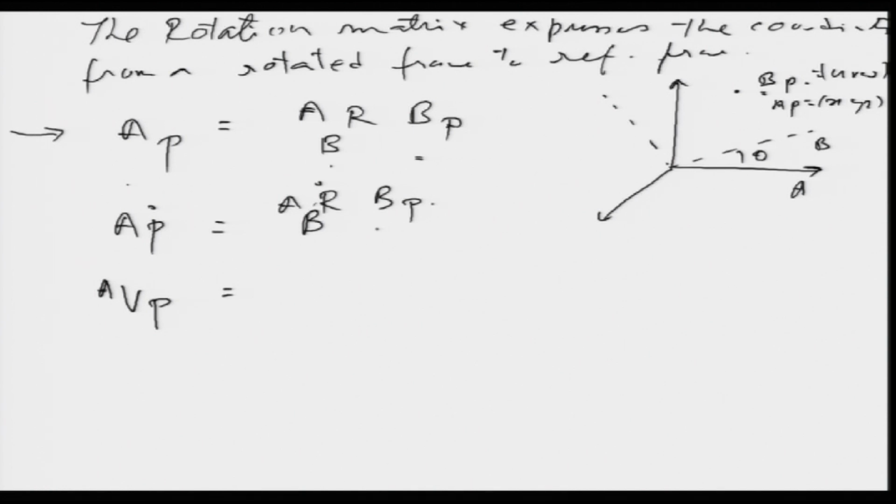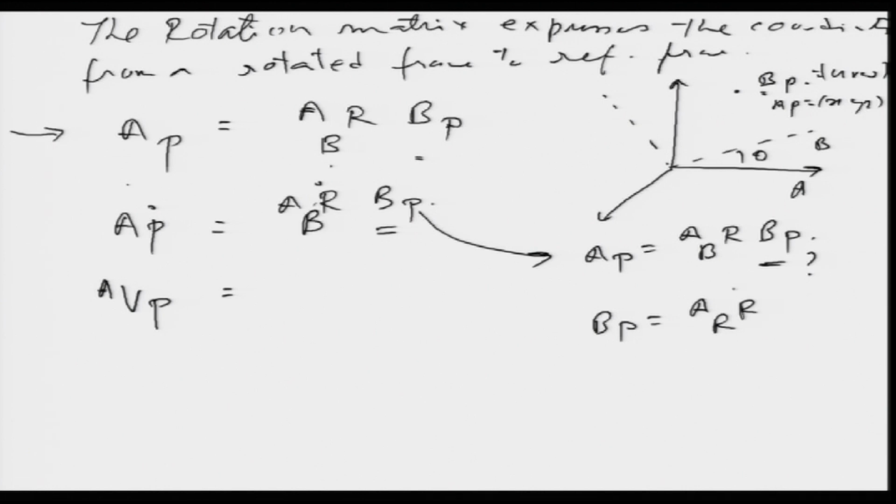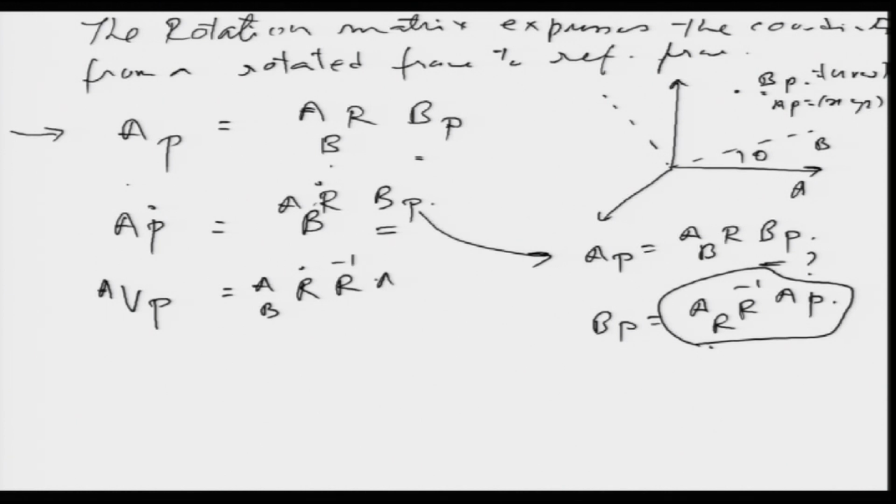Now, we saw that AP is equal to A B R into BP. Now, if I want to find BP, then I can say BP is equal to A B R inverse into AP, right. So, I take this and I put it in place of BP, and we have A B R dot into R inverse into AP.